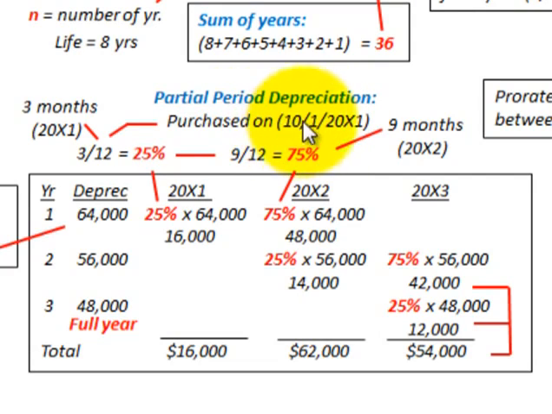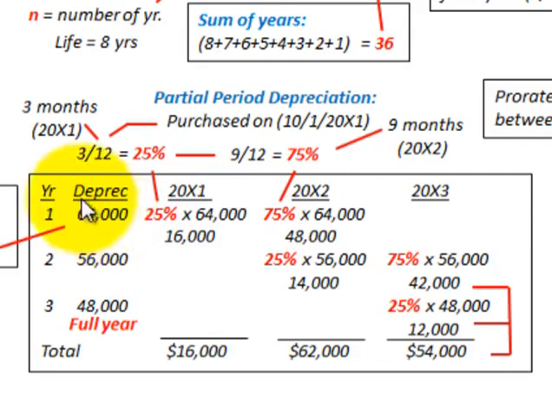Say, for example, we had, just say June, 6 months of depreciation in 20x1. So then we would have taken 6 divided by, instead of 3 months, 6 months. We would divide 6 into 12. We would have got 50% for 20x1. And then the remaining 6 months would have been for 20x2, or 50%. So you can see our example here.